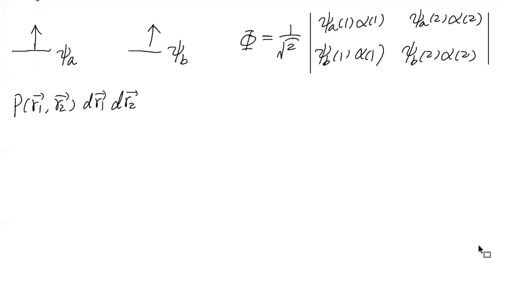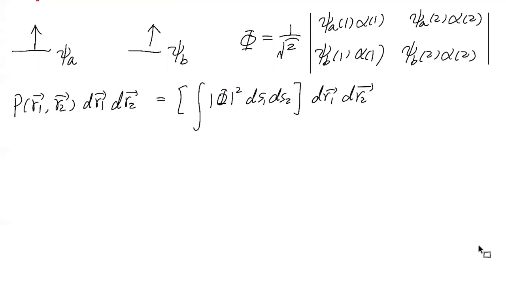This is again equal to, you do the integral of phi over the spin coordinate, dr1, dr2, right? You do the integral over the spin coordinate, so you have the distribution in the three-dimensional space.